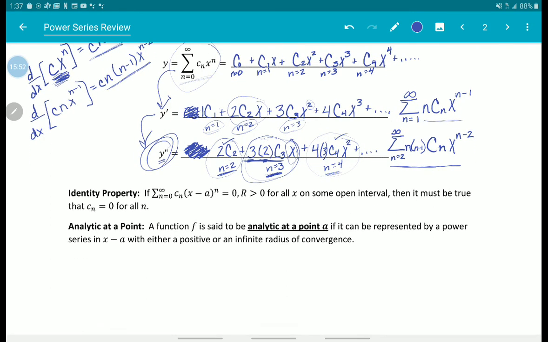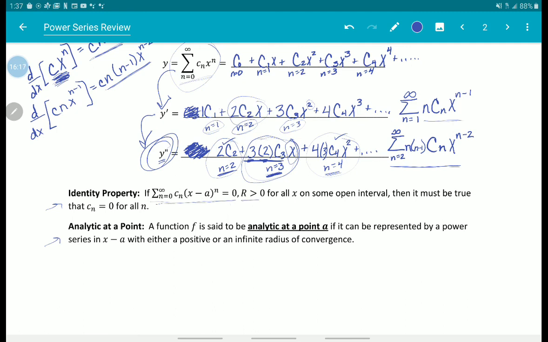So I want to talk about just 2 more quick things: the identity property and being analytic at a point. This guy is a definition, this guy is a property. So we'll start with the property. It says if we have a sum, we're going from 0 to infinity, of c sub n x minus a to the n. And we want that to add up to 0. So we're adding a whole bunch of terms together, and we're going to get that sum to be 0.